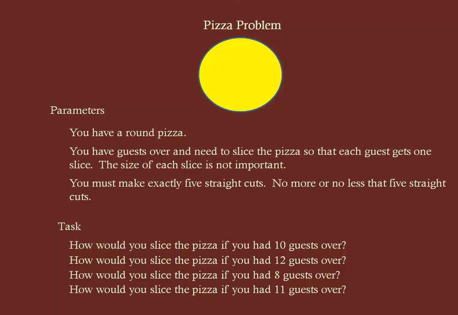Do your best to try to figure that out. Scratch paper, circle, 5 cuts: 10 guests for the first pizza, then you have a different party and 12 guests show up, then a different party, 8 guests show up. The last one and the hardest one, I think, is if 11 guests show up. So do your best to work on that, and hopefully you get it down.